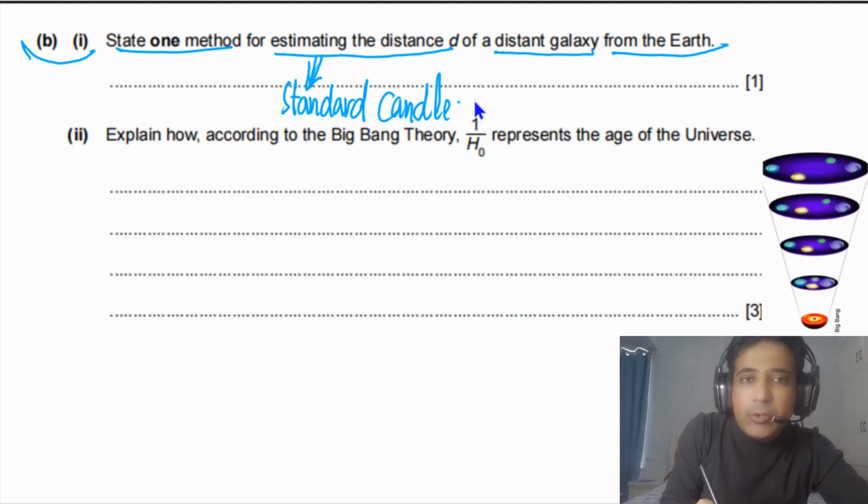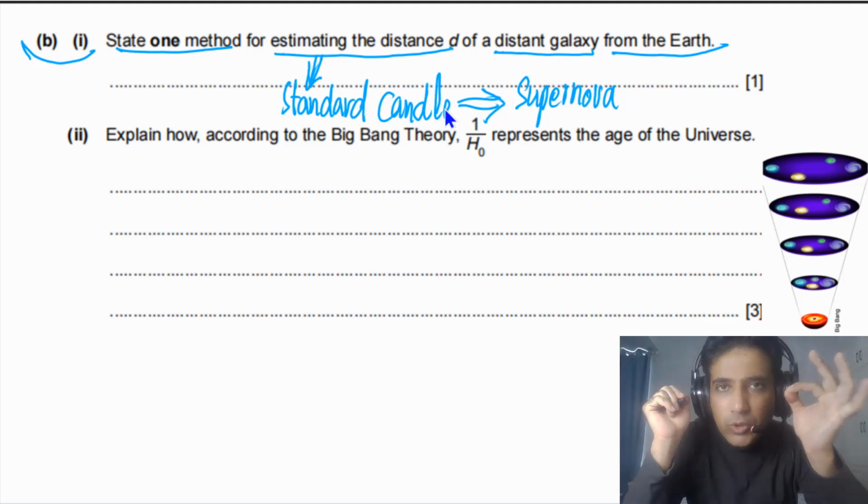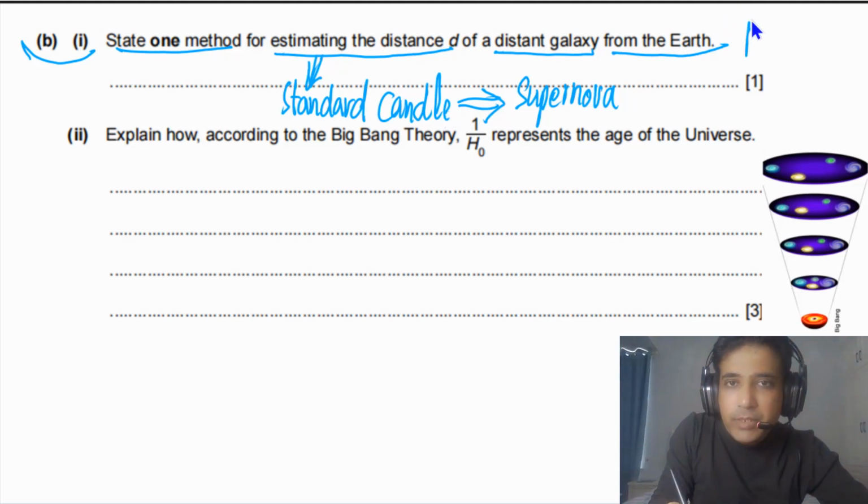An example of standard candle is supernova. Standard candle simply means that the luminosity of that object is known, and we can use that luminosity to find out the distance. So if we have the luminosity, then radiant flux intensity is equal to L over 4 pi d square.